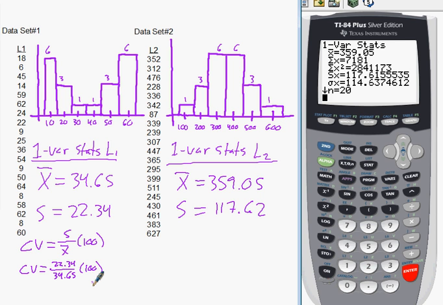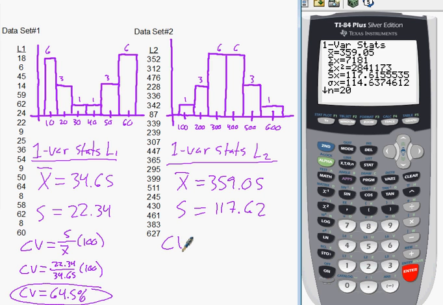And what we get is 64.5% as our coefficient of variation. And what this is essentially meaning, it's comparing this measure of variation, this sample standard deviation, to the mean of this data that it's describing. So it's as a percent of the data's mean.